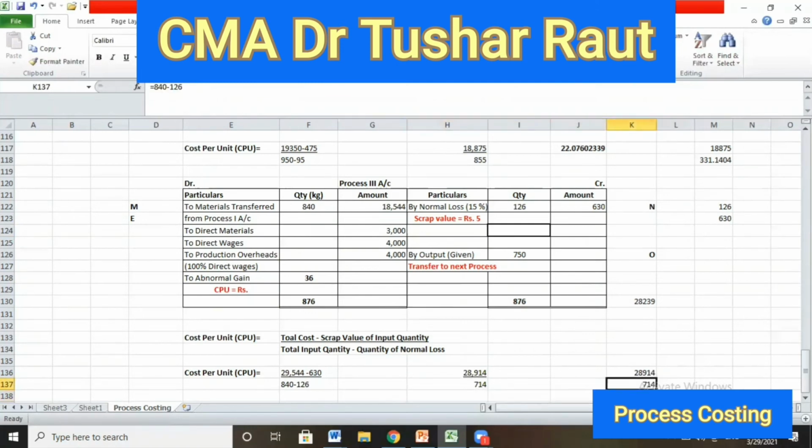So after deducting this, 28,914 divided by 714. It will be 40.49.